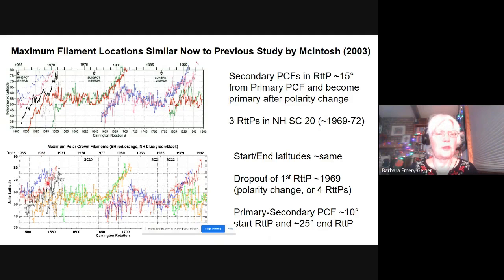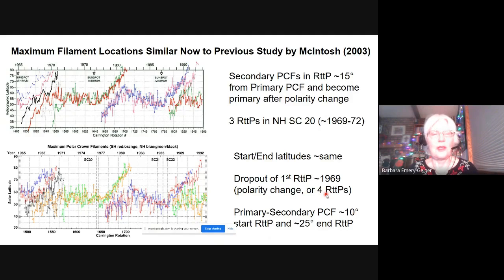And if you look down here at our maximum filaments, they go to much lower latitudes, and that's because the polarity changed. The value of the pole changed for those 3 solar cycles. So he just ignored it and called it 3 rushes to the pole. We actually think there are more like 4, but that's fine.